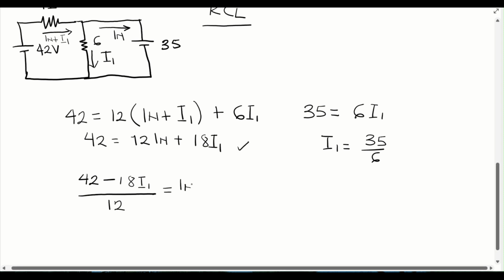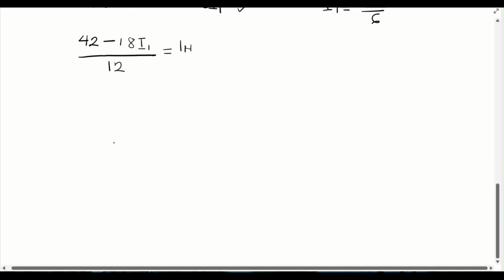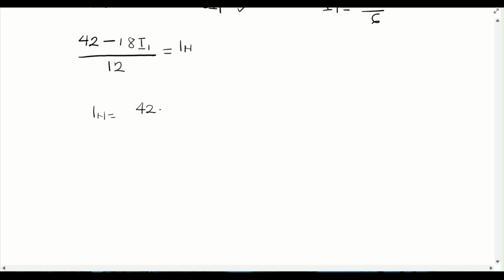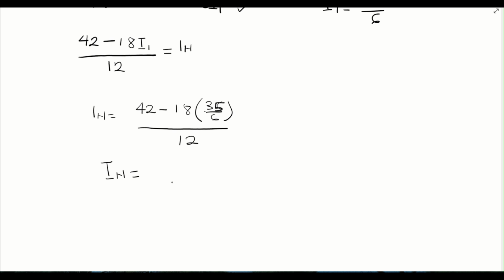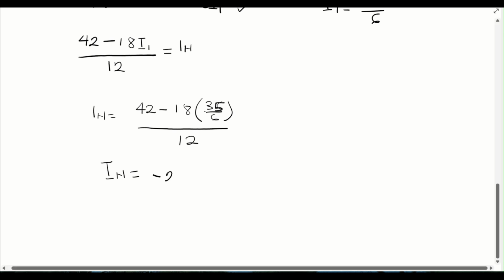So our IN is going to be 42 minus 18 times 35 on 6, divided by 12. This is going to give us minus 21 on 4 as our IN.